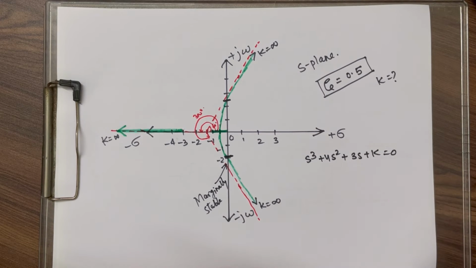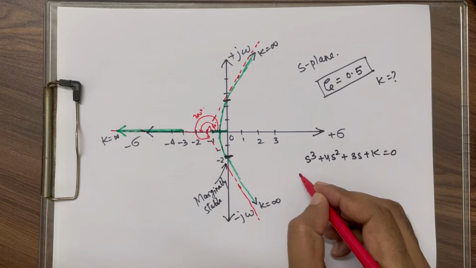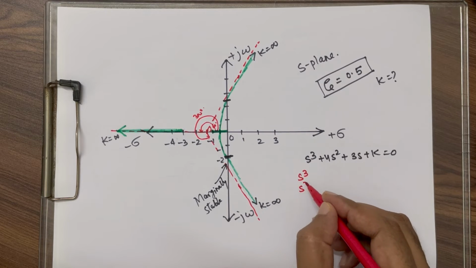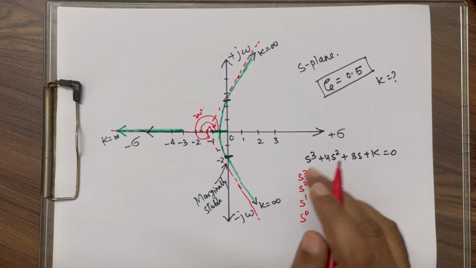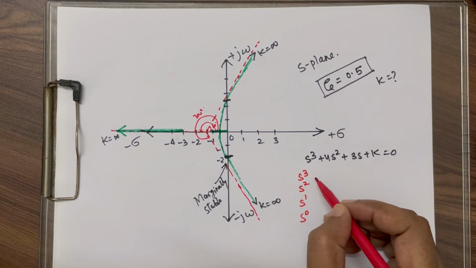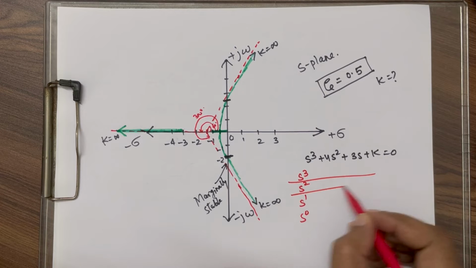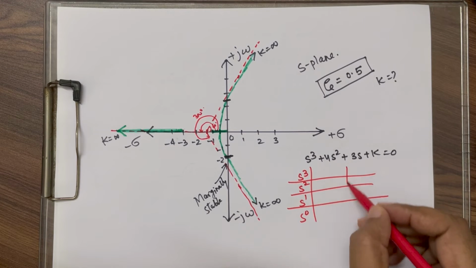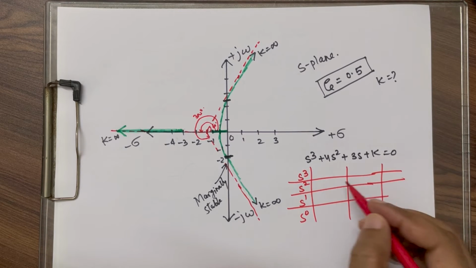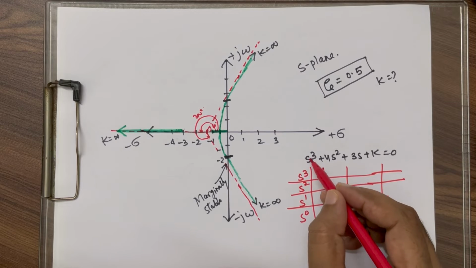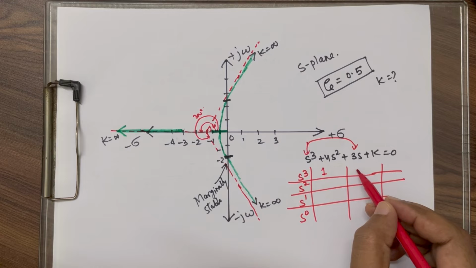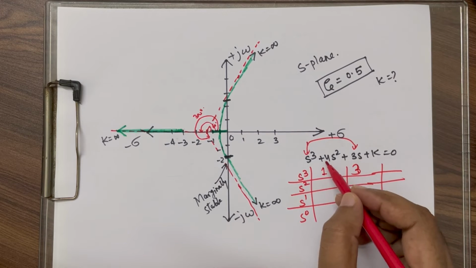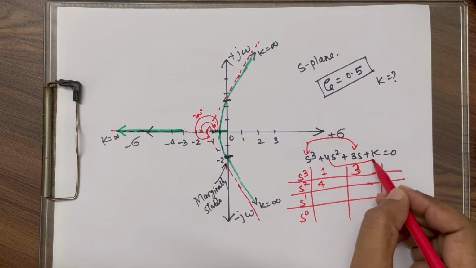We can use the Routh-Hurwitz criterion, which I have already discussed earlier, to find the stability conditions. So it will be like this. Here I put the s cube coefficients, then the s coefficient 3, then 4, and then k.